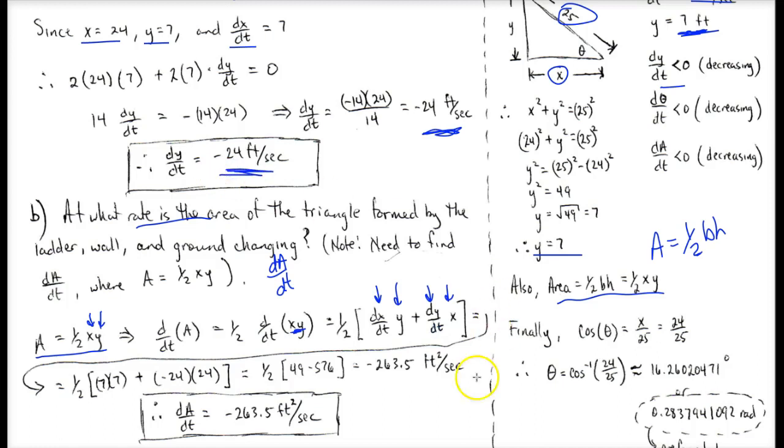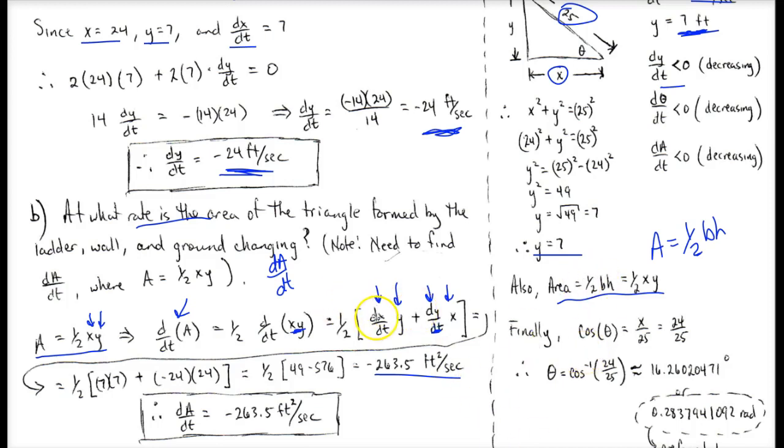We found that in part A, so we're able to plug that in here. And so with all that being substituted in, we go and solve for the derivative of area with respect to t, and you see that we come out to have the area decreasing at about 263.5 square feet per second. So that's mighty fast.